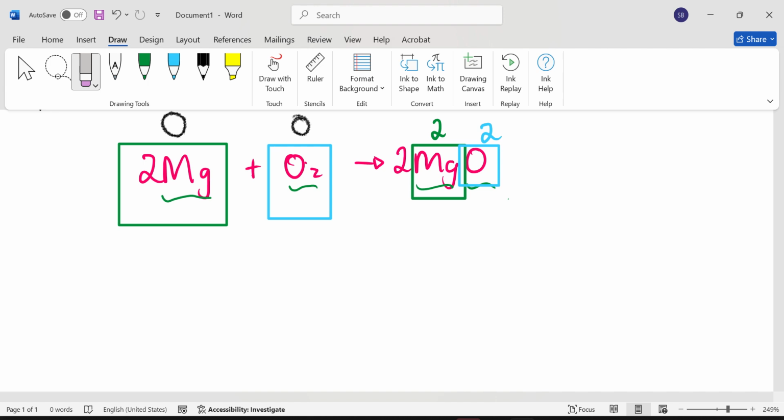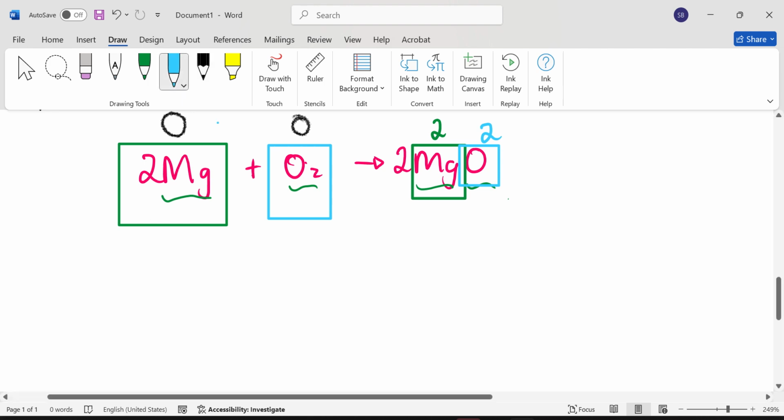And oxygen was just oxygen, thus the oxidation number was 0. But in magnesium oxide, it's magnesium and oxygen, thus the oxidation number cannot be 0 in that particular case. So please pay very, very careful attention to that. Now, if we look at these and we say, okay, so what then happens? So notice something.